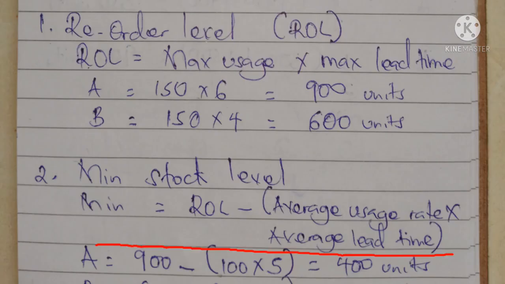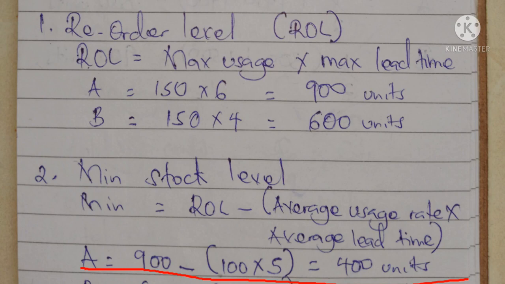Then the next level is the minimum stock level, and the formula for calculating the minimum stock level is reorder level minus average usage rate times average lead time. For product A, the reorder level was 900 units. Then minus, into brackets, average usage.